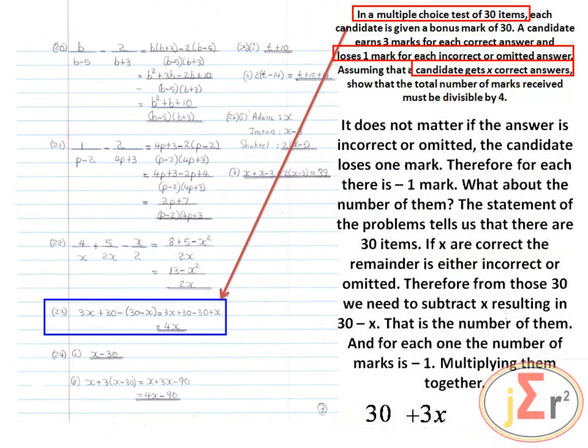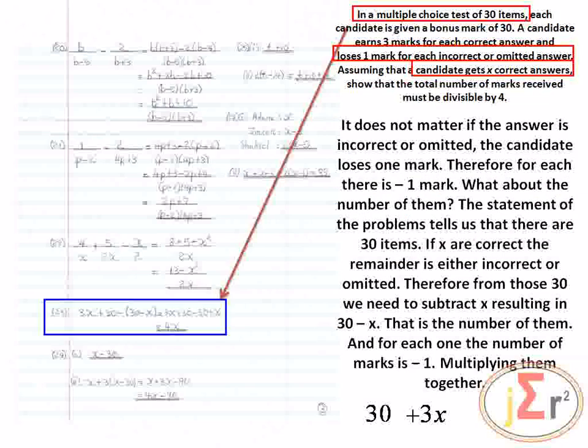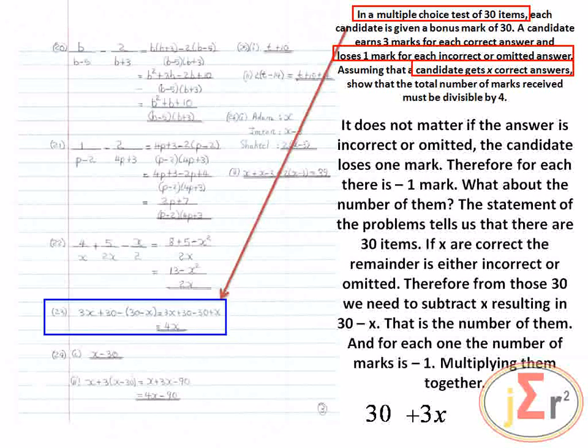In a multiple choice test of 30 items, a candidate loses 1 mark for each incorrect or omitted answer. The candidate gets x correct answers. But how is this important?